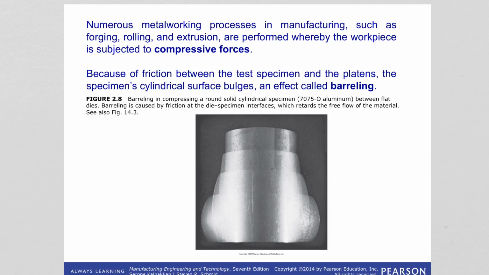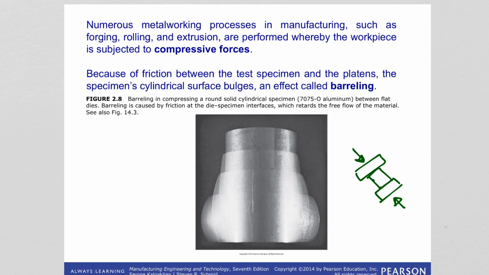Alright, so in many manufacturing techniques, the workpiece is subjected to compressive forces. And how we measure the effect of compressive forces on the material is through compression tests. Basically, a compression test is where we subject the specimen to compressive forces. So you have two flat dies and applying forces, you are compressing your test material here.